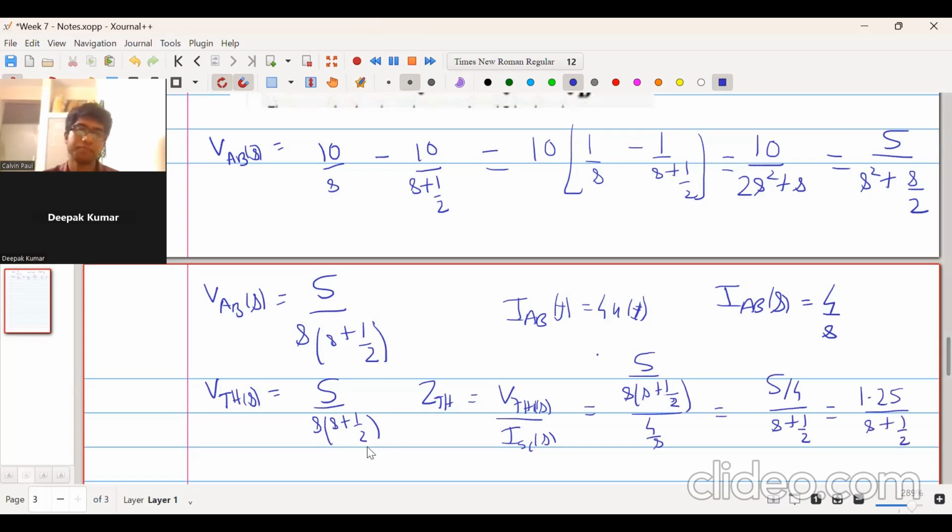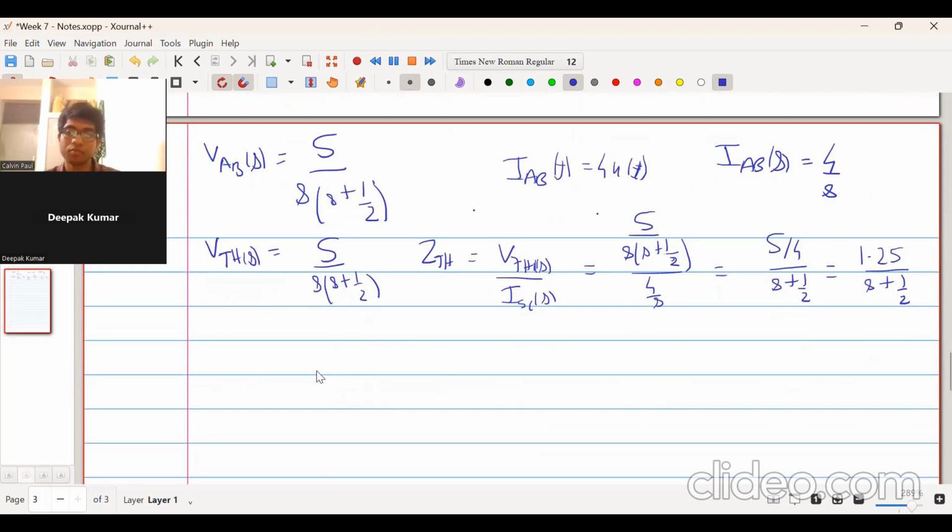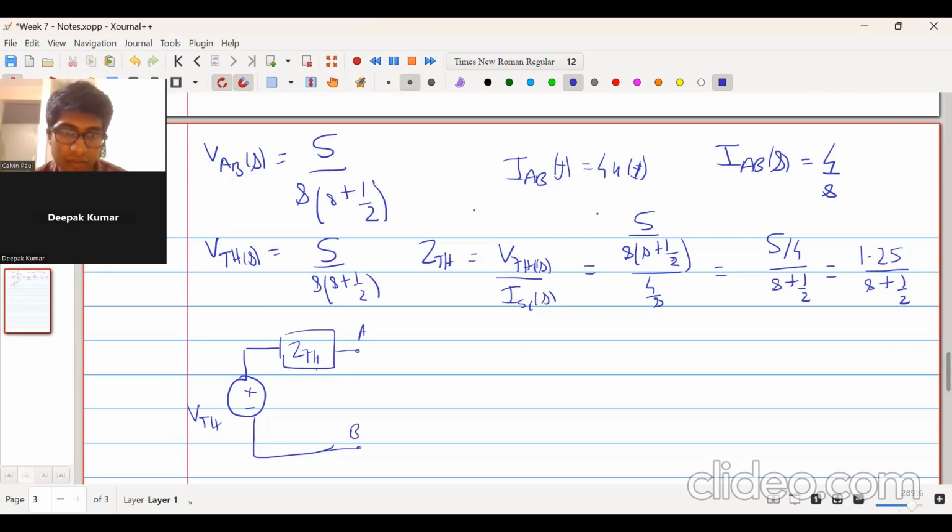Any doubts in this? No, sir. So plus minus V Thevenin into Z Thevenin. This is A, this is B. So the entire circuit is replaced by this form.